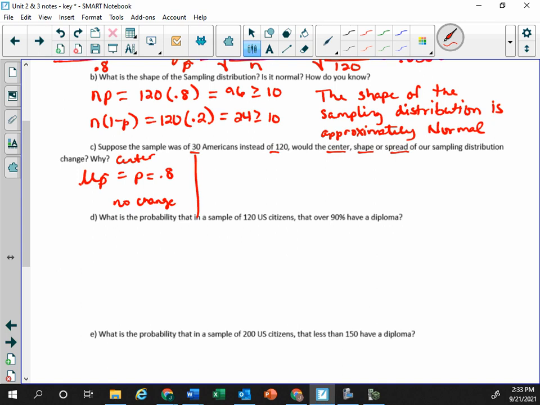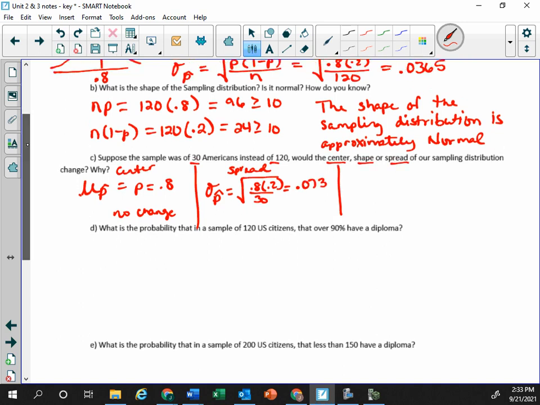Let's do spread next. I know that's not the order they were in. So if I go through the formula here, sigma of p hat, I'd have the square root of 0.8 times 0.2 over 30, and I'd get 0.073.